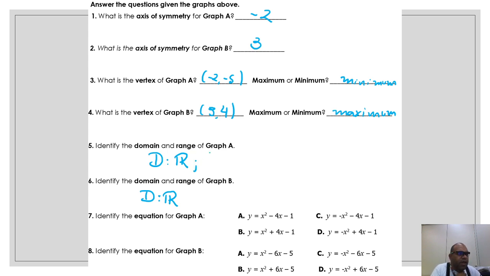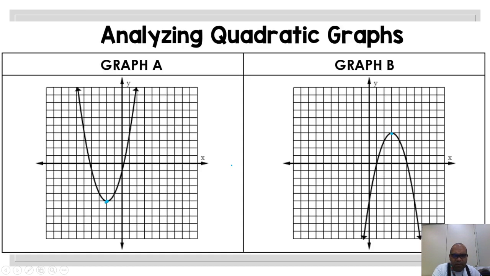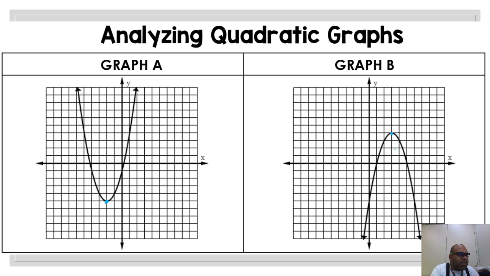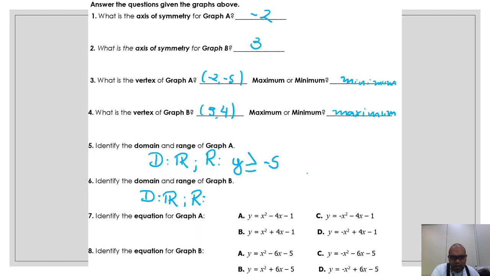But the range for graph A, I cannot have a number less than negative 5, just greater. y is greater than or equal to negative 5. And for graph B, the range is all the numbers less than or equal to 4. y is less than or equal to 4.